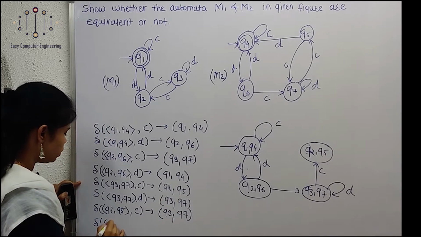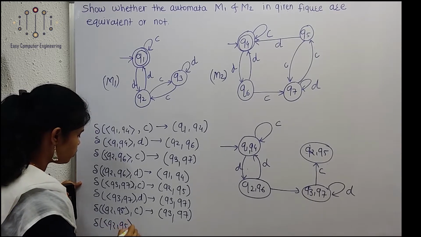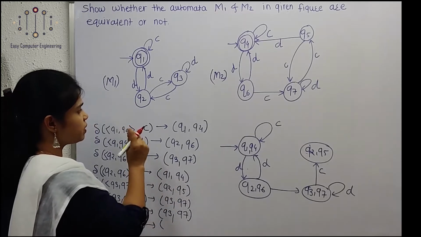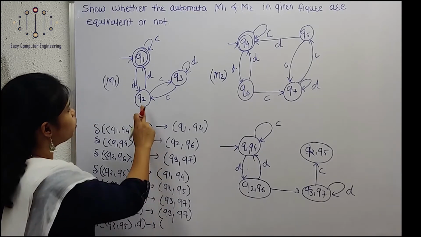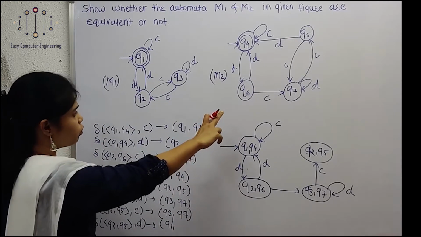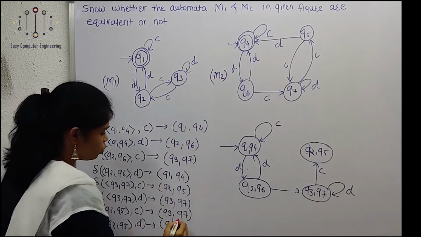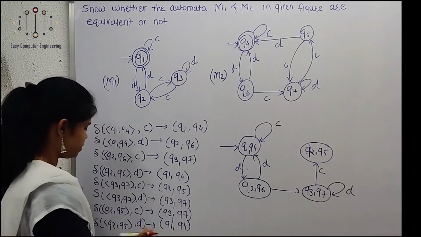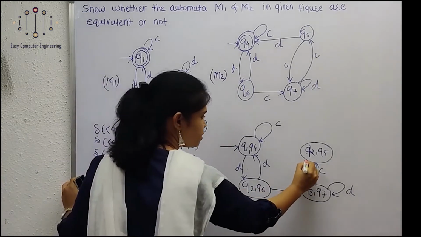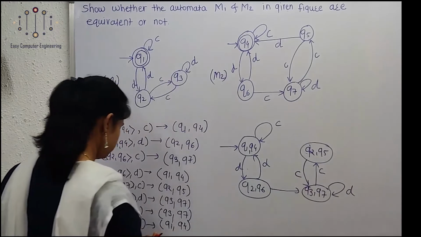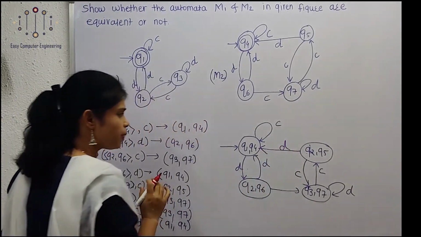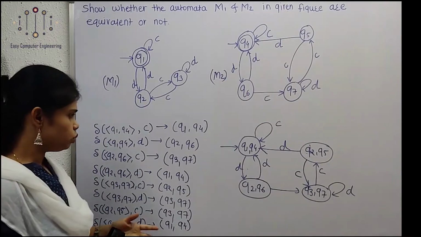On D, from Q2 it is Q1 and from Q5 it is Q4, which is already present. So the C transition is Q3, Q7 and the D transition is Q1, Q4. No new state is generated.